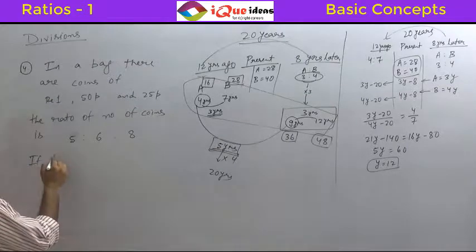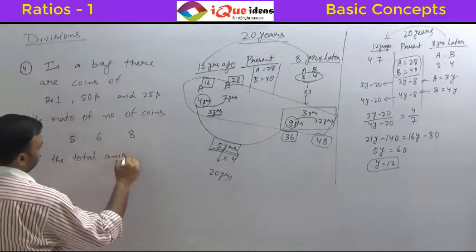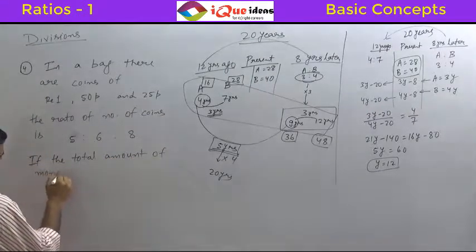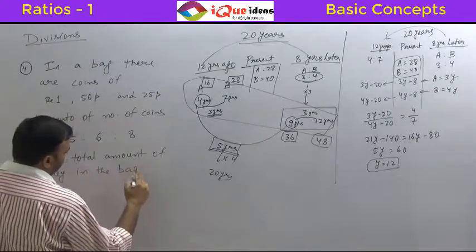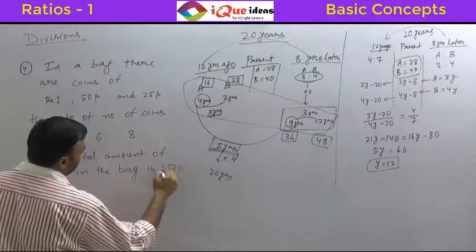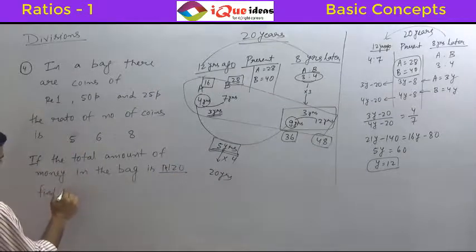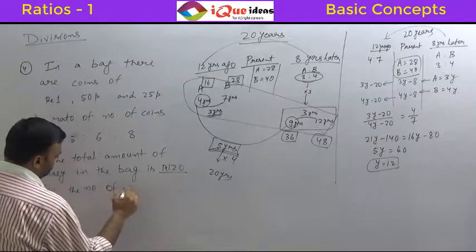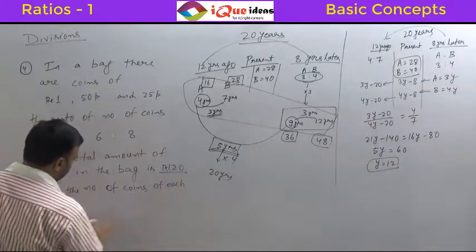If the total amount of money in the bag is 120 rupees, find the number of coins of each denomination.